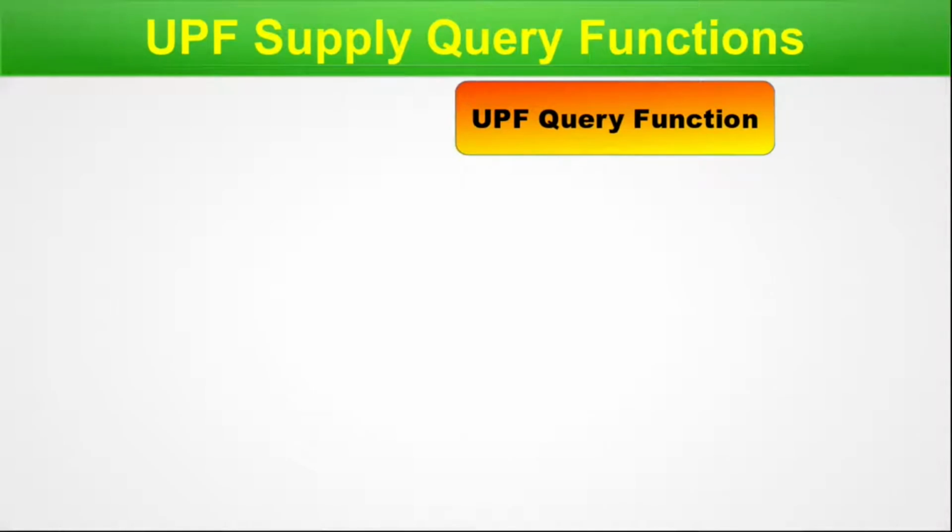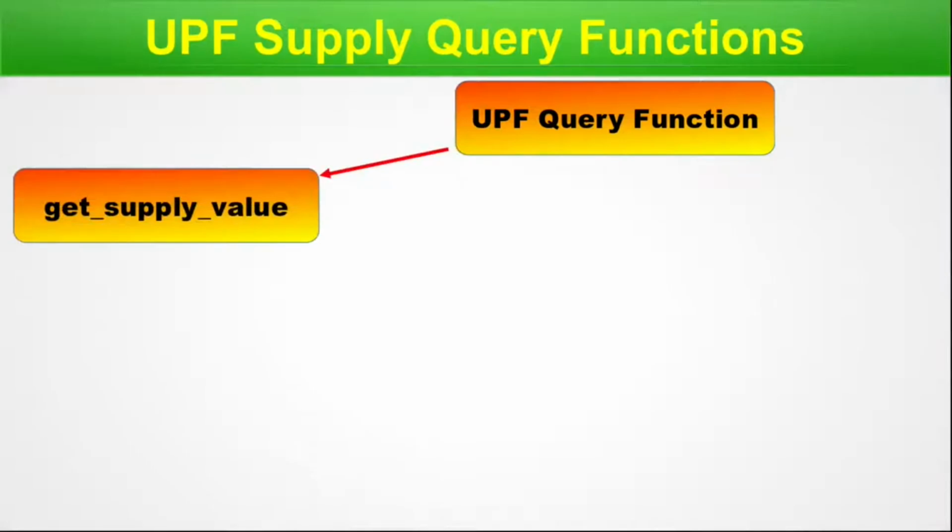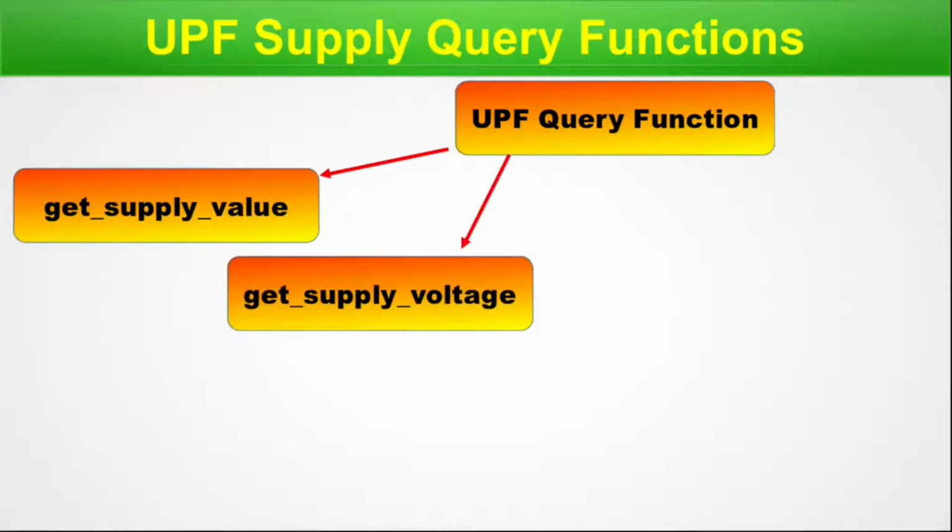Now let us dive into the verification side of the UPF. In this slide, we will see what are the UPF functions that can do a query to a design. So these are the UPF query functions. The first one is get supply value. It will get the supply value as the name suggests. The next one is get supply voltage.